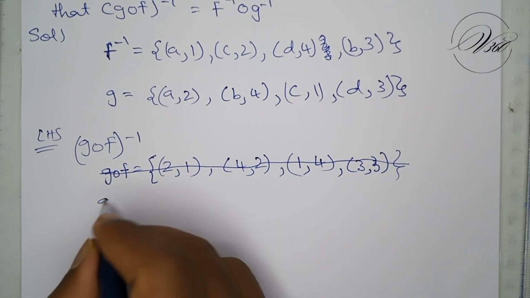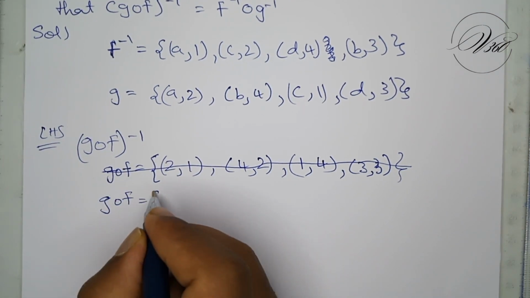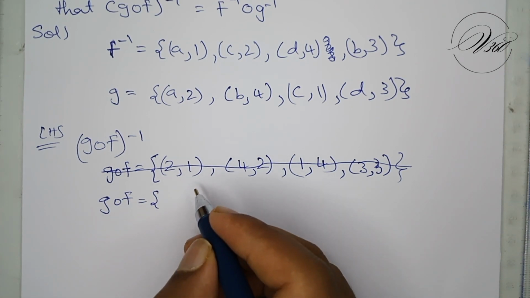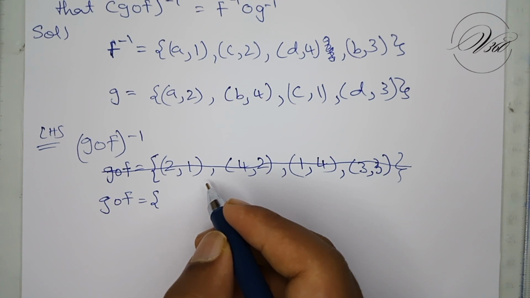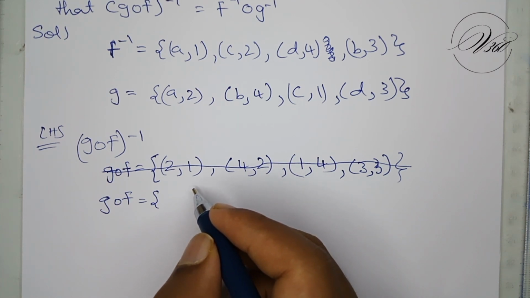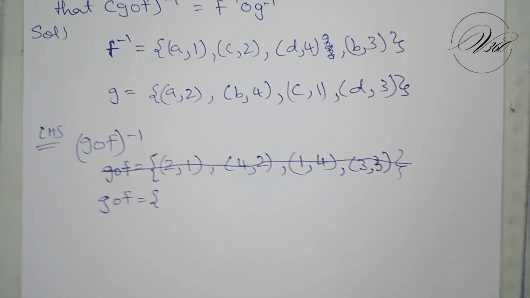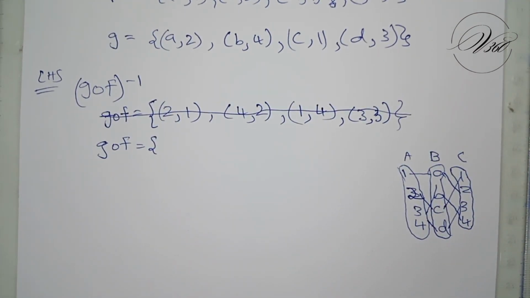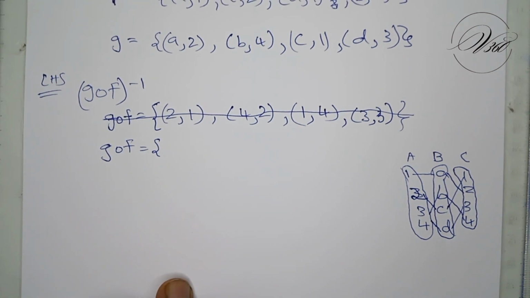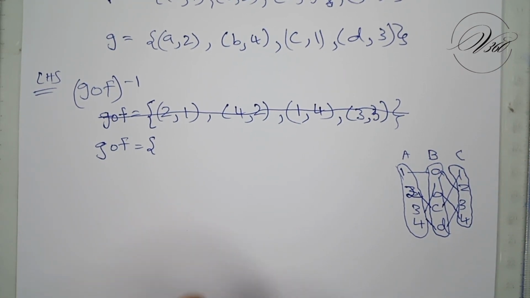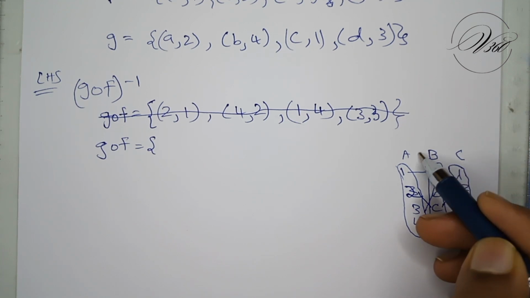Now I'm going to do g of f. f is 1 and a, 2 and c, 4 and d, 3 and b. Now g is a and 2, b and 4, c and 1, d and 3. Now I have done a diagrammatical form here, and it is very easy to solve now. This is f and this is g.